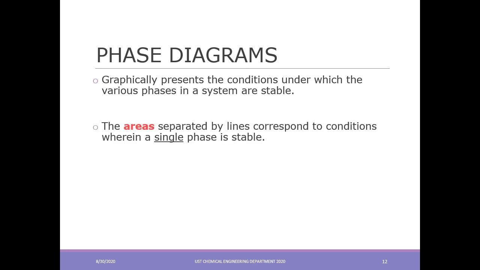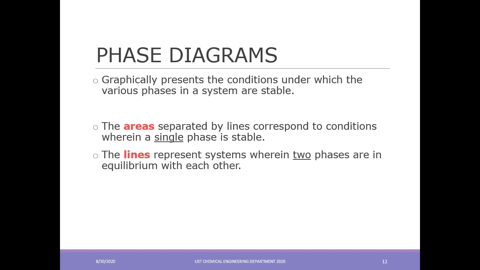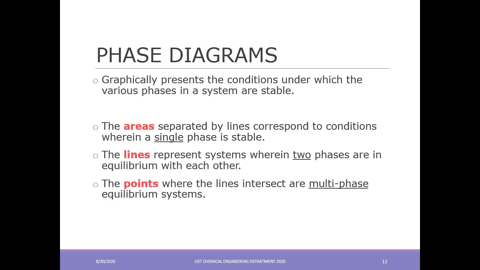Areas in the phase diagram, which are separated by lines, represent the conditions wherein a single phase is stable. Lines show systems wherein two phases are in equilibrium, while the points where the lines intersect represent multi-phase systems. To further explain this, let us look at some of the common phase diagrams for pure substances.